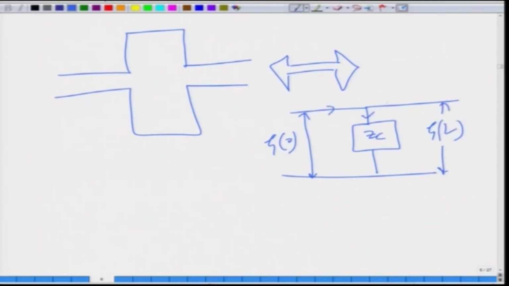What happens is that the current, or the acoustic mass velocity, gets split into two parts, one that goes within the compliance and the one that propagates further downstream.